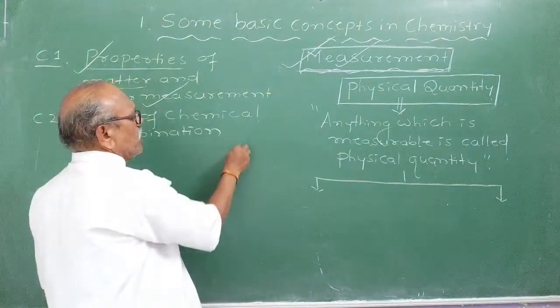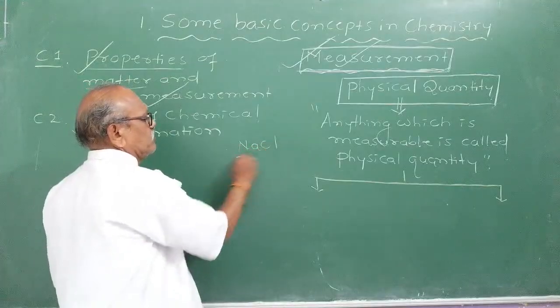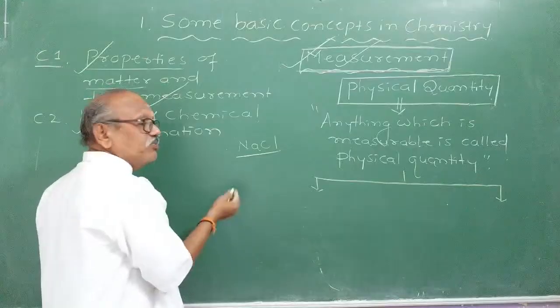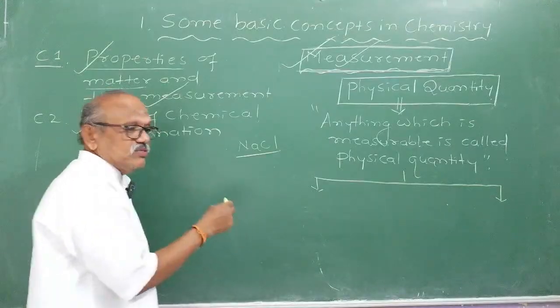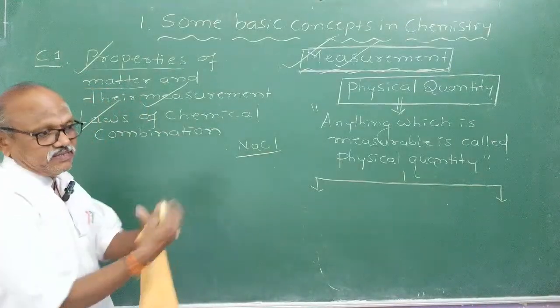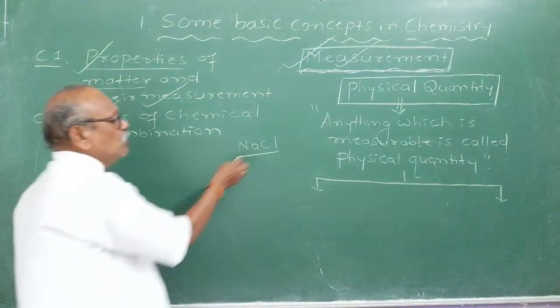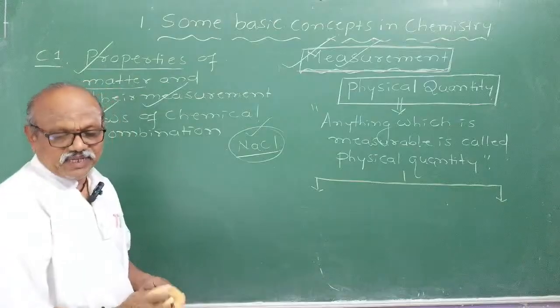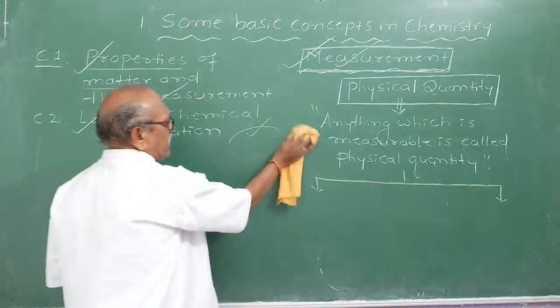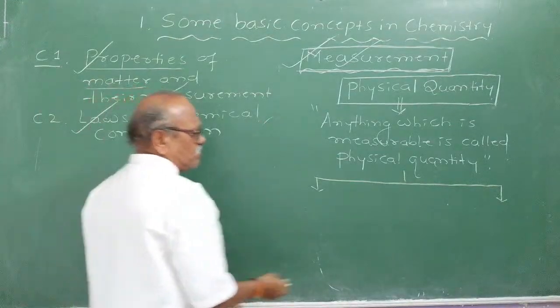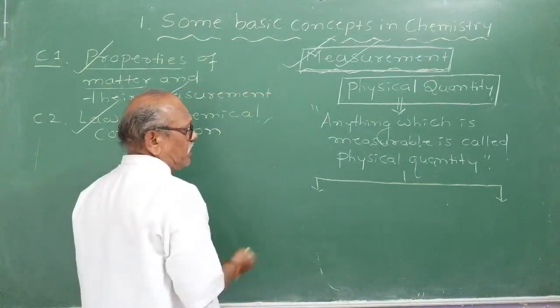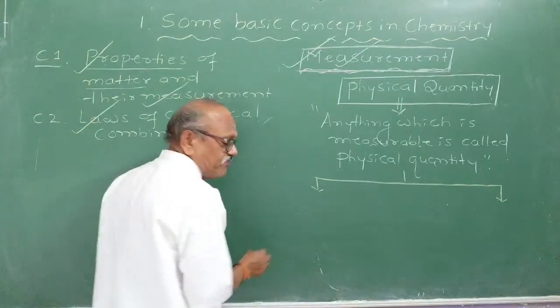Like sodium chloride is a closely packed structure, and these physical properties are determined by arrangements of atoms, ions or molecules in space. Depending on how they are arranged in space, the physical properties are decided. That you will be learning in second standard solids and solutions chapters.